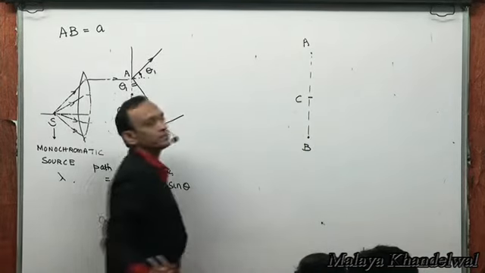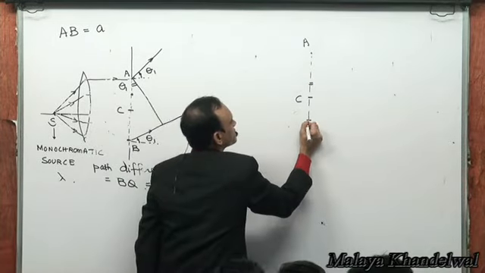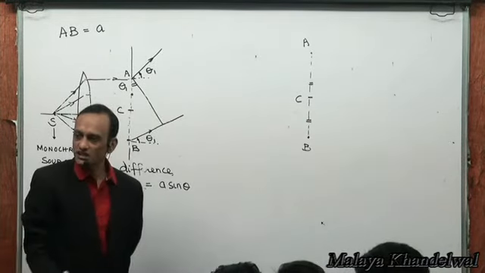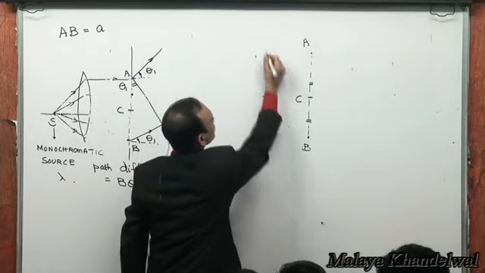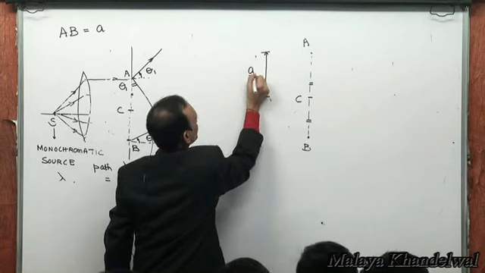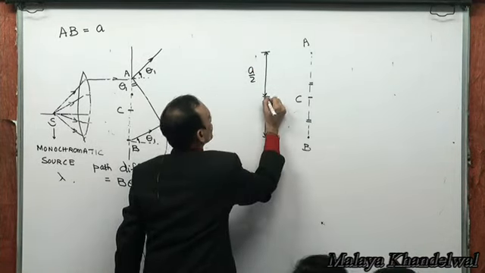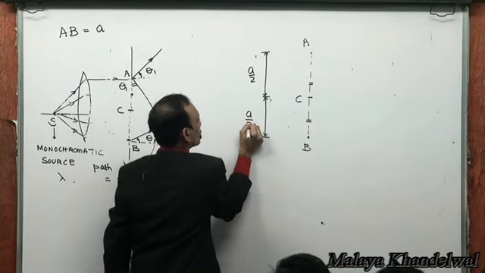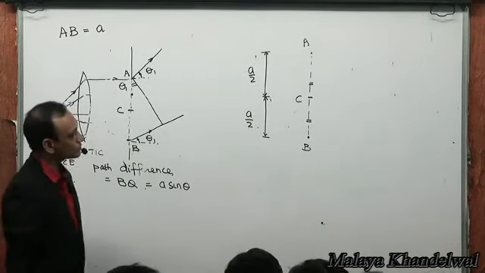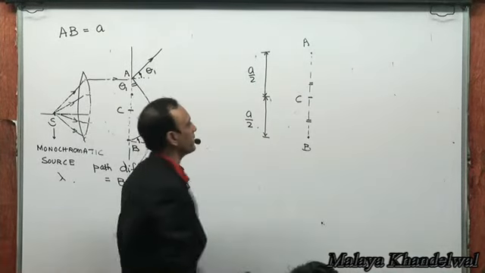Each is A by 2. AC and CB both are equal to A by 2.